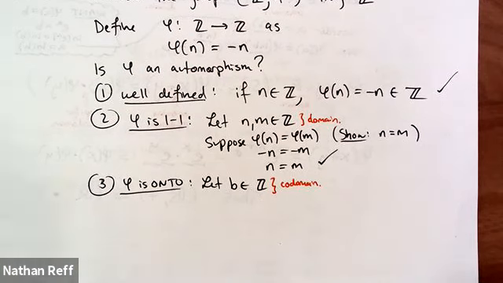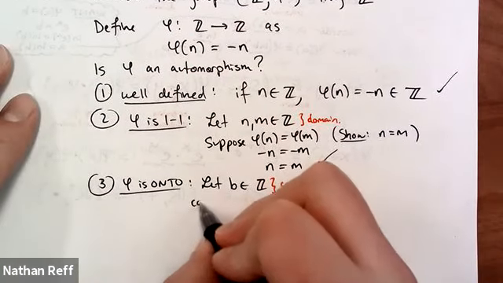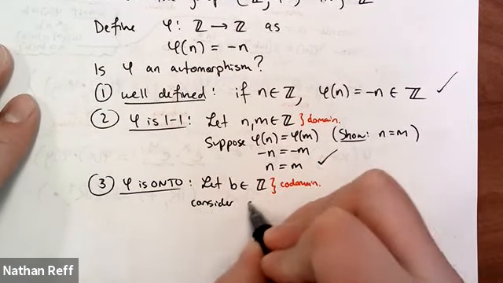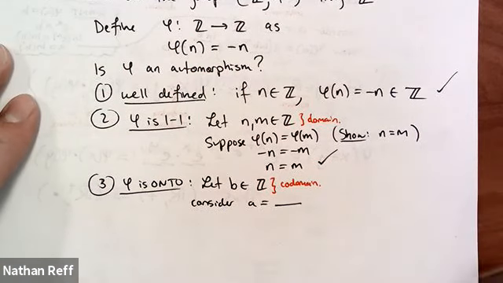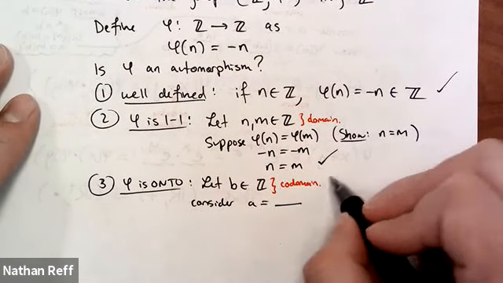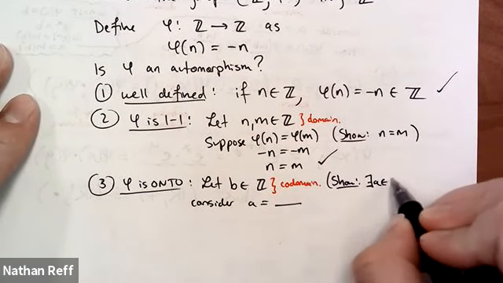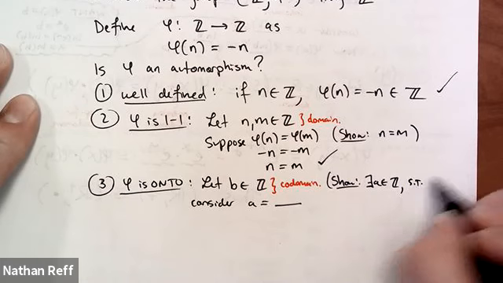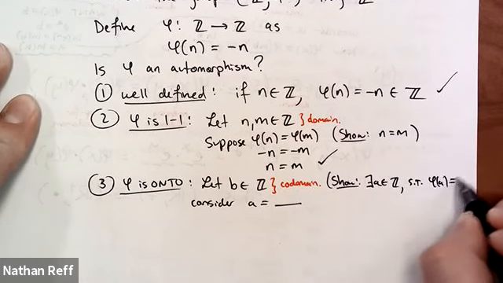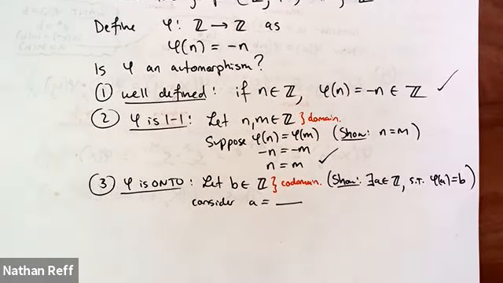Well, maybe you could just think of what it is. Consider A equals blank, right? So you're still going to show there exists something in the domain such that phi of A is equal to B. Okay.